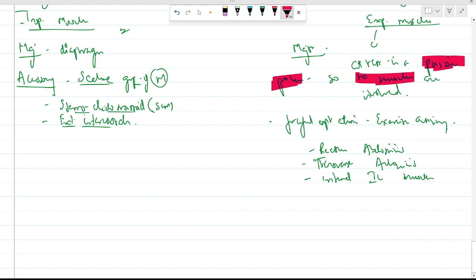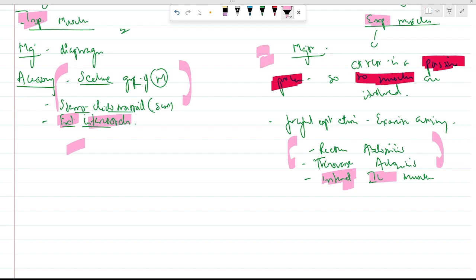This is a fairly opposite thing here: for expiration we use internal intercostals, and for inspiration we have external intercostals. If these two are solved, the others will not be that difficult. The scalene group and sternocleidomastoid are for inspiration, and rectus abdominis and transverse abdominis are for forceful expiration along with internal intercostals. And during rest, expiration is a passive process, no muscles are involved.